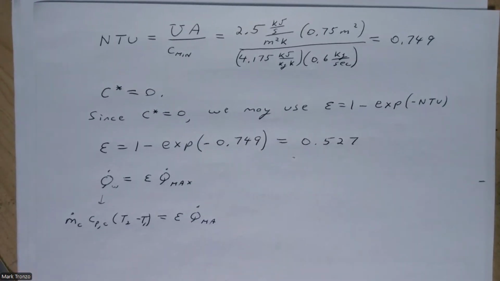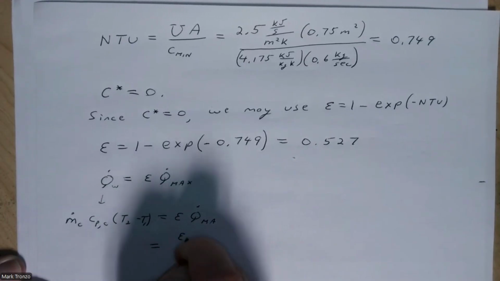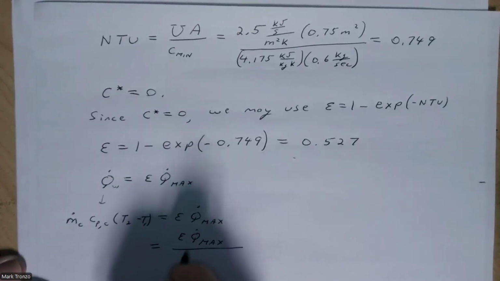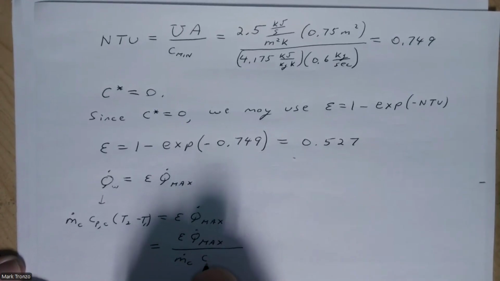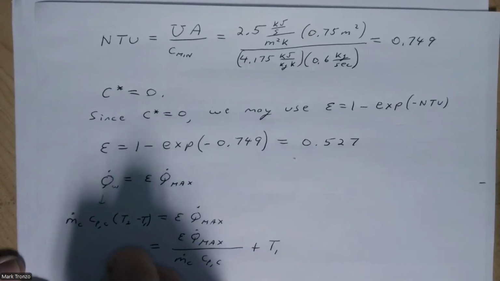We use the fact that the heat transfer rate is equal to effectiveness times Q dot max, and because this is water, we can use m dot Cp delta T. We want to solve for T2, so we'll divide by these, then add T1 to both sides. So then we can calculate T2 this way.